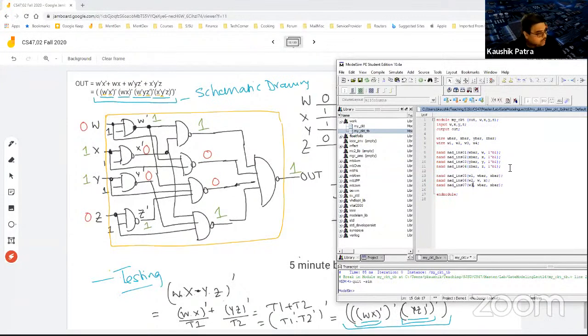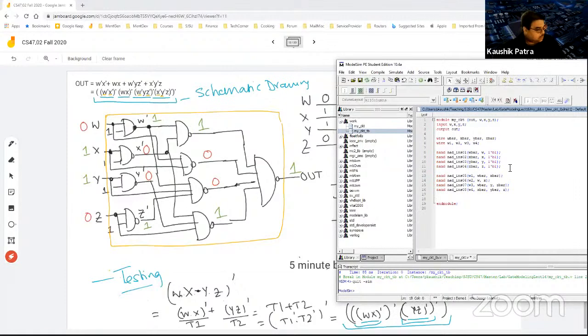W3 is basically 3 inputs coming from W bar, Y, Z, W bar Y Z bar, and then the other one, 6, 7, 8, would become my wire 4, and that is X bar, Y bar, Z, X bar Y bar Z. Okay.